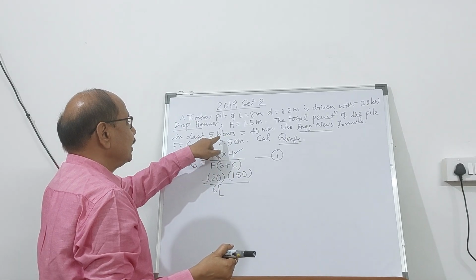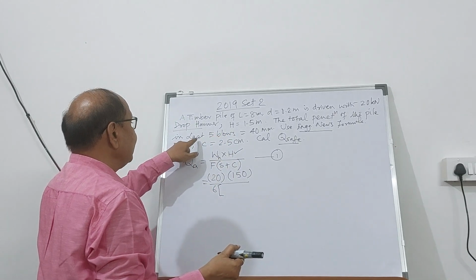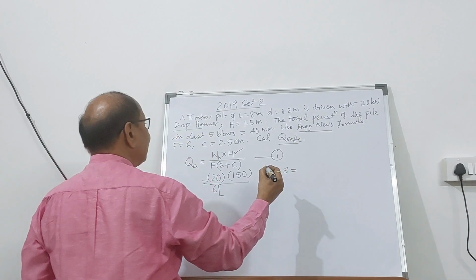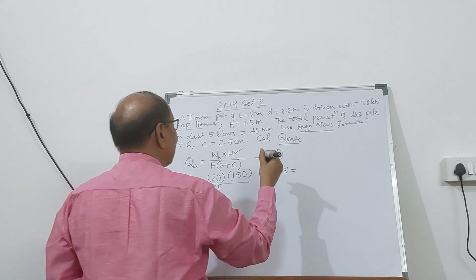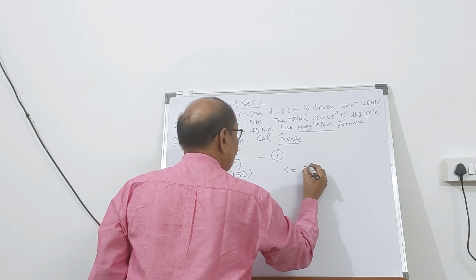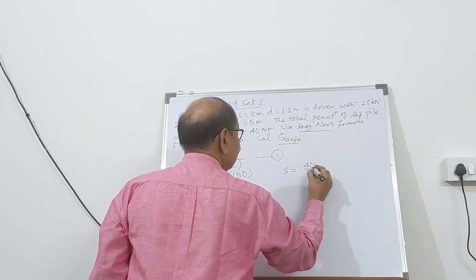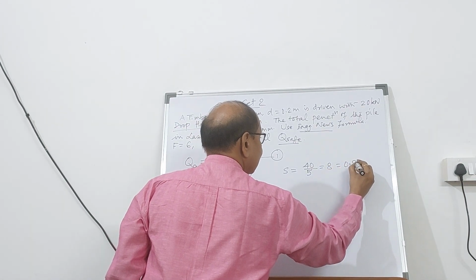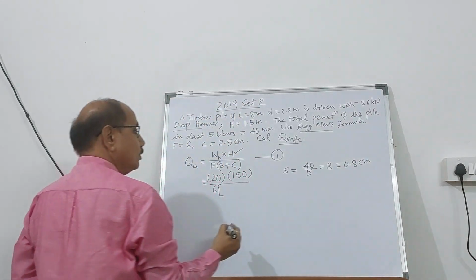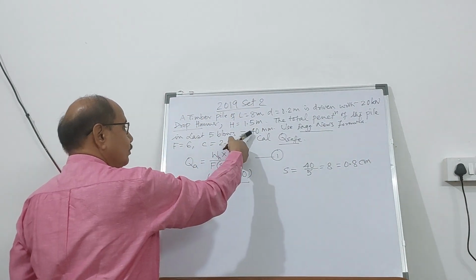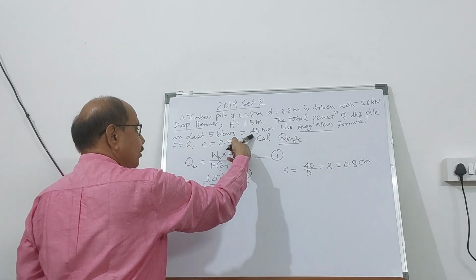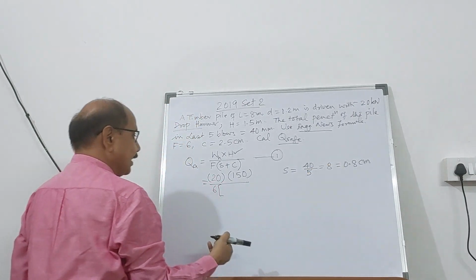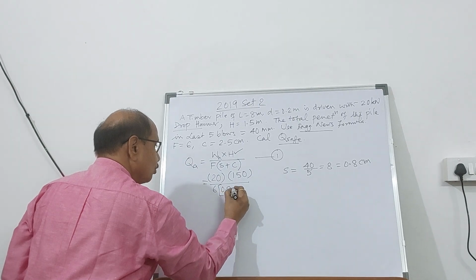The set means the total penetration of the pile per blow. So it is going to be 40 mm divided by 5, so it becomes 8 mm, that is 0.8 centimeter. So I can write it here 0.8.